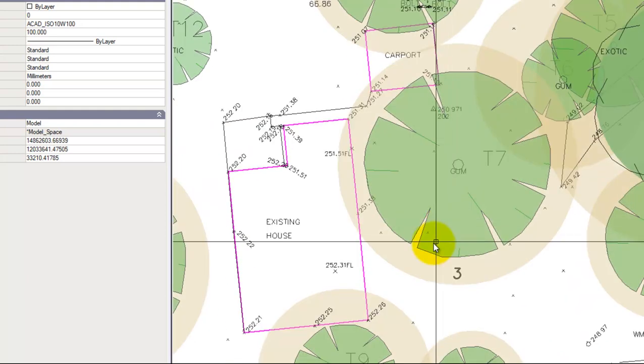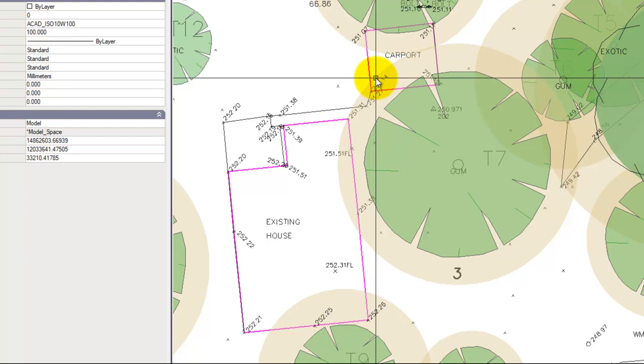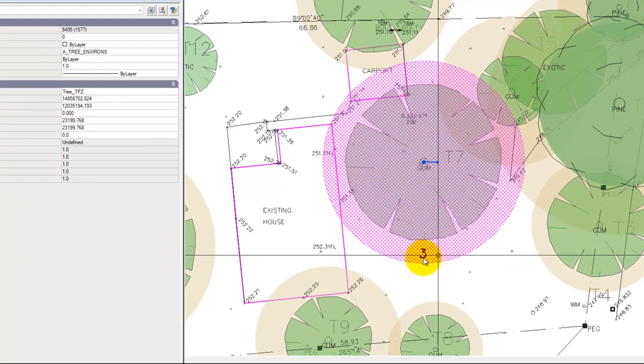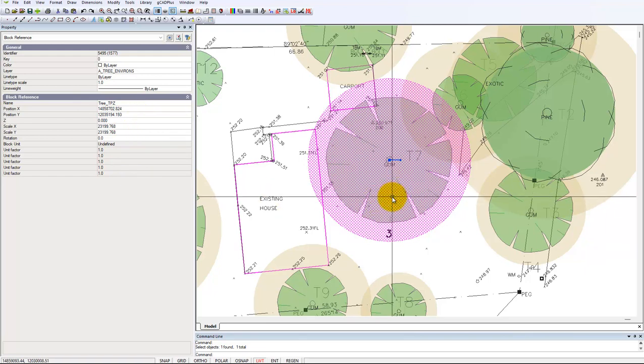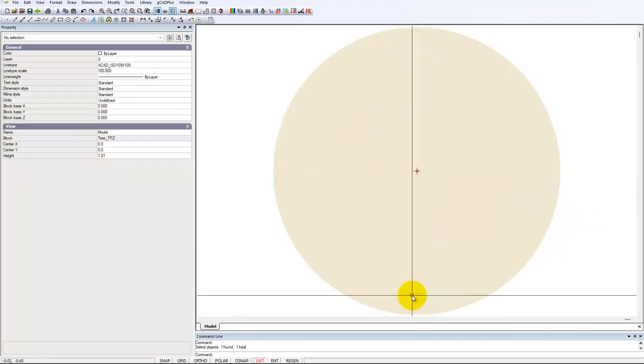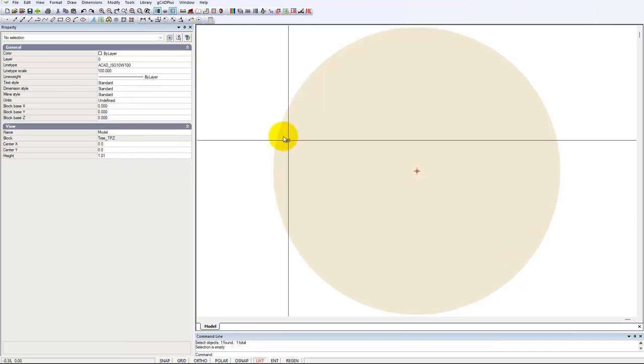They have been working on a tree root protection zone, and that's the circle here. Notice that it is a block called tree_TPZ. So if we edit that block, notice that it's just a circle and it has 100 transparency set.